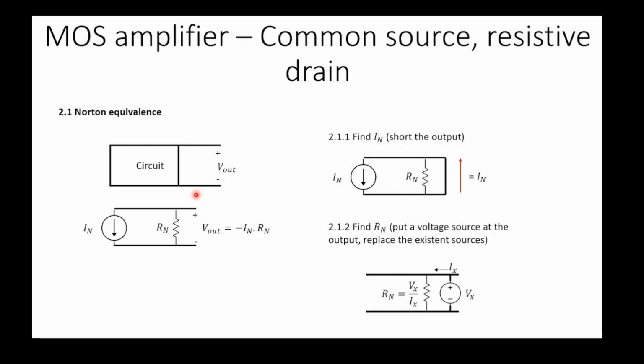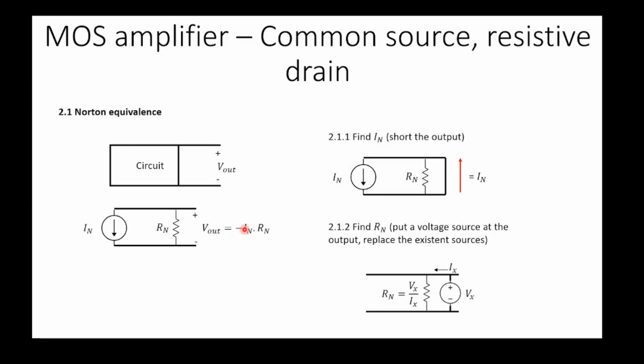Then how can we solve the problem? To solve this problem, we model this circuit by an equivalent circuit with a current source and a parallel resistance. This equivalence is called the Norton equivalence. And to calculate Vout between the two terminals of the circuit, we need to follow this formula.